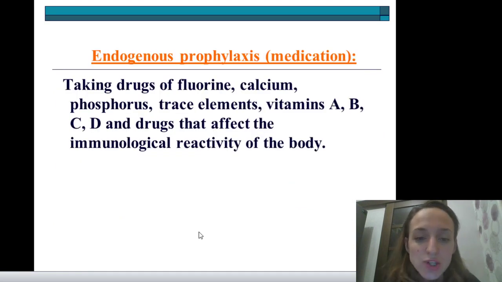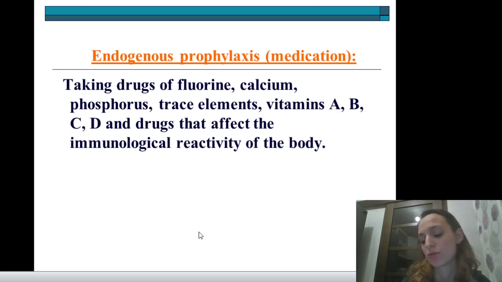Sorry. Endogenous preventive methods, so taking medication of fluoride, calcium, phosphorus, and trace elements, vitamins of groups A, B, C, D, and drugs that affect the immunological reactivity of the body.